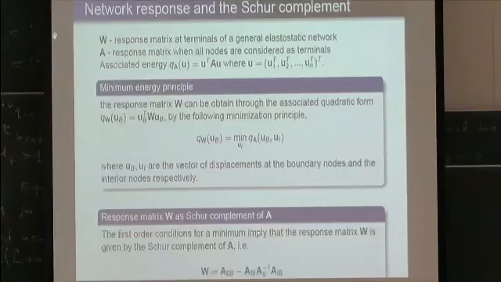Okay, so the response matrix W can be computed from this minimization principle, again by the first order optimality condition. W is the response matrix, or the Dirichlet-Neumann map, displacement to forces.